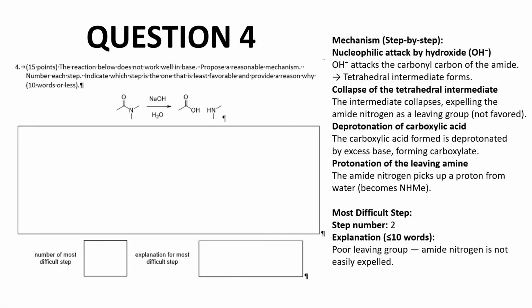Okay, here's question 4 for ChatGPT. So we need this mechanism, and so what's it say? It says hydroxide. That's great. Hydroxide attacks the carbonyl. Good. To give a tetrahedral intermediate. That's perfect.